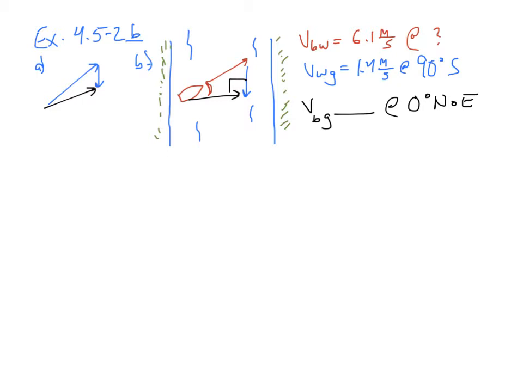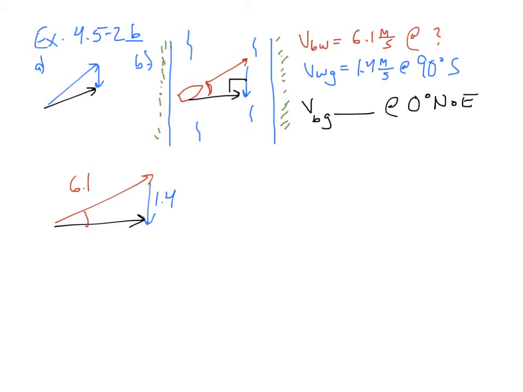We can find this angle because if we draw this out, that vector plus that vector gives us this right here. What we have is a hypotenuse value, right? 6.1, and we have one of the sides of the triangle, this right here is 1.4. We should be able to find this angle pretty easily because we have an opposite and we have a hypotenuse right there.